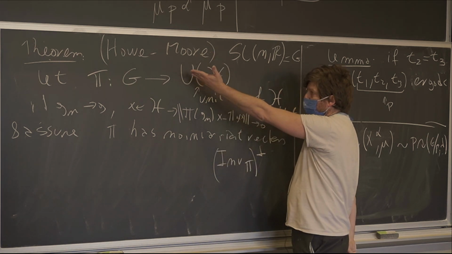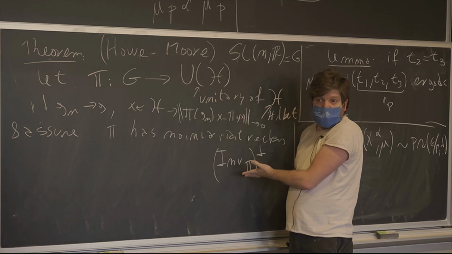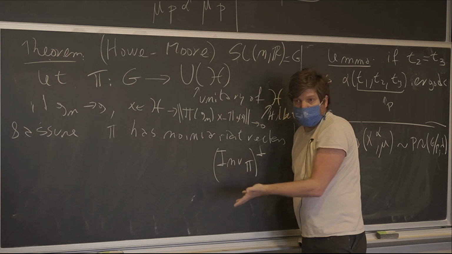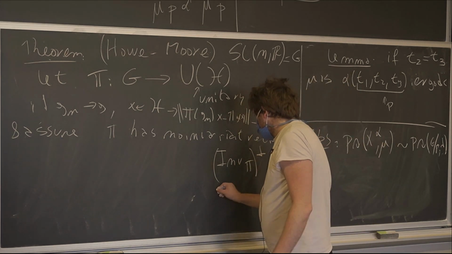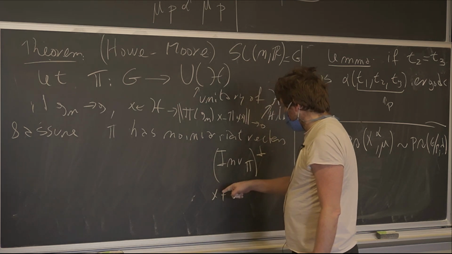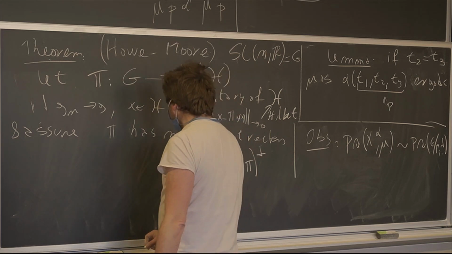Since these are unitary operators, the perpendicular is also invariant. Then you restrict to this other representation, and you write any vector as x plus x bar, and here nothing changed, and this will happen, whatever will happen now.